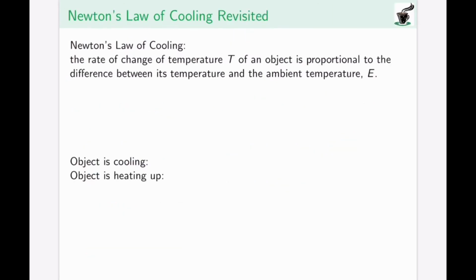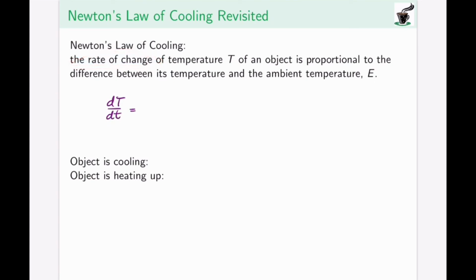Another application where we see the now familiar differential equation is Newton's law of cooling. So let's start from the beginning as how Newton's law of cooling is actually stated and what that means for our solutions. The way it's stated says the rate of change of temperature, so this immediately suggests the derivative if we are to write it out.